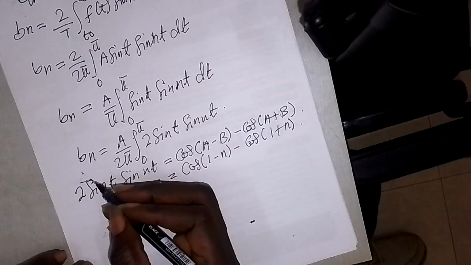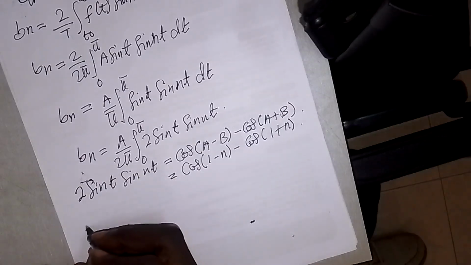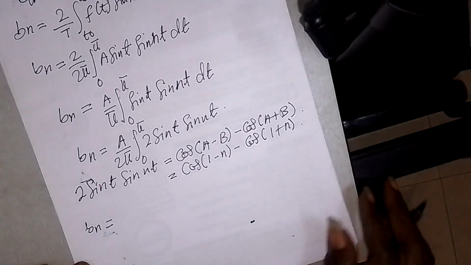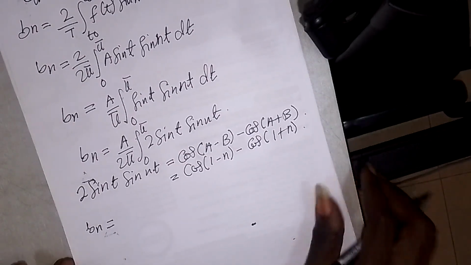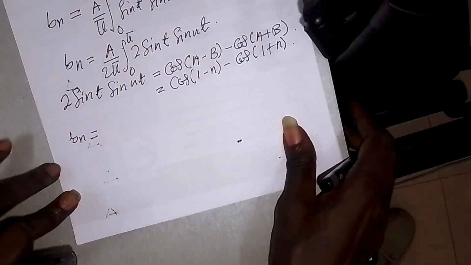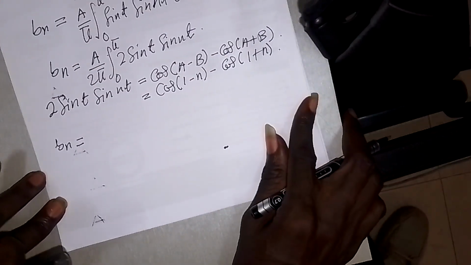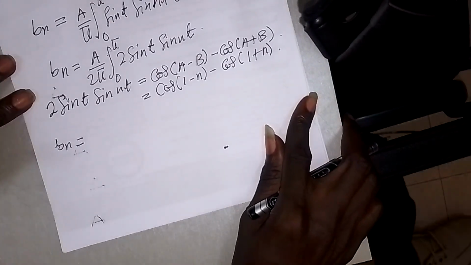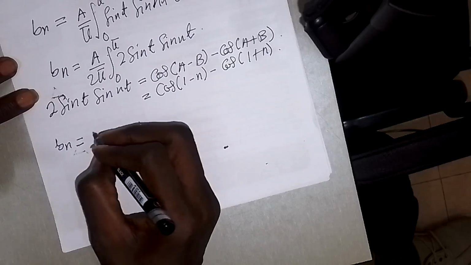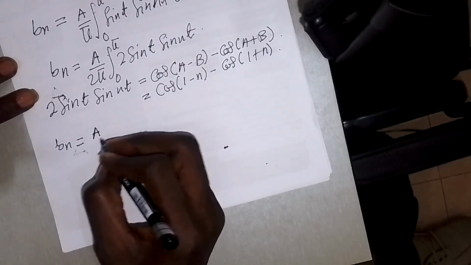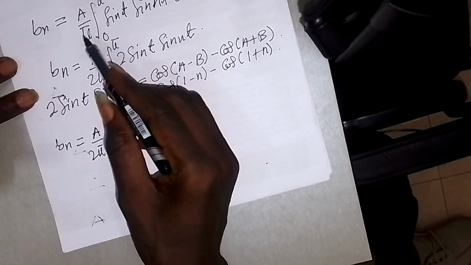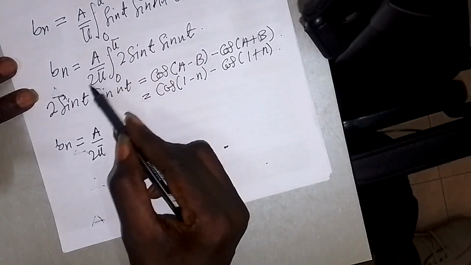If you introduce that into the limit, then you're going to have Bn equal to a on 2 pi, the integral from 0 to pi of cos(1 minus n) minus cos(1 plus n) dt. I know you may wonder why here I have a on pi, but here I have a on 2 pi.